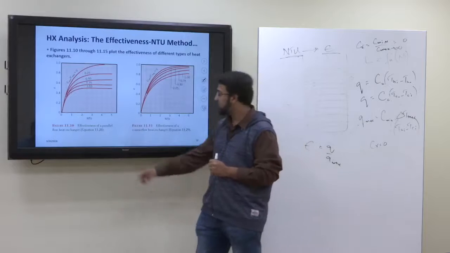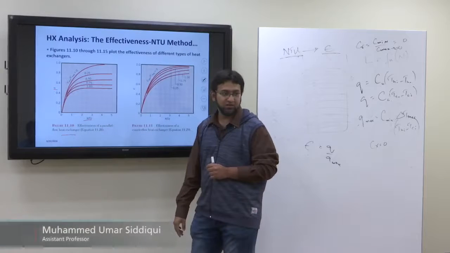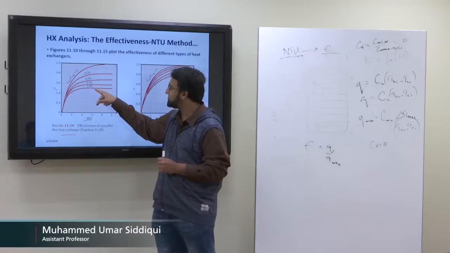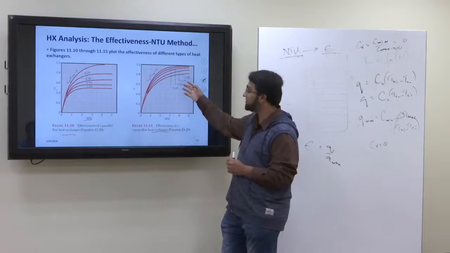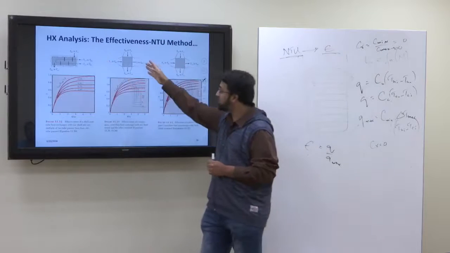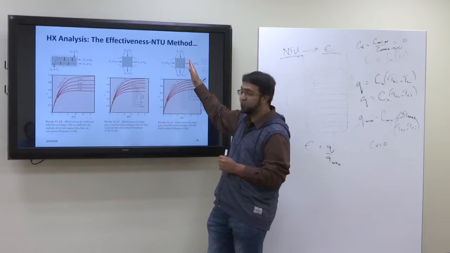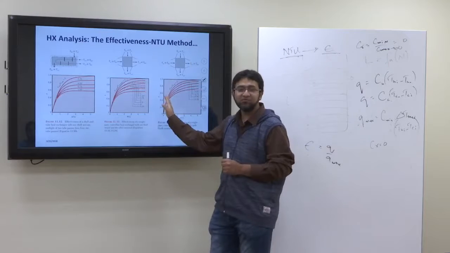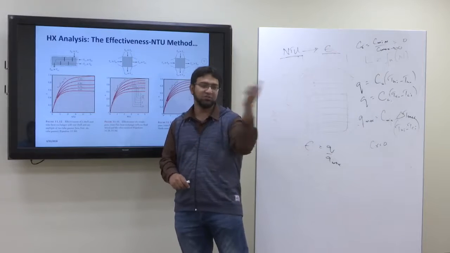If it is a parallel flow heat exchanger, then NTU and effectiveness are related through this, and we have CR 0, 0.25, 0.5, 0.75, 1. Similarly for the counterflow heat exchanger, this. For the shell and tube heat exchanger. For cross flow heat exchangers with one fluid mixed and another unmixed, and with both fluids unmixed. So these graphs are derived from the formulas.